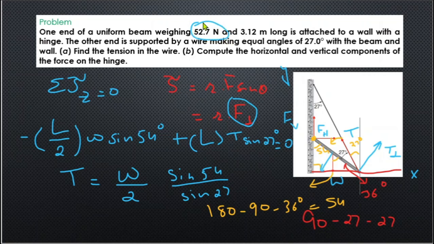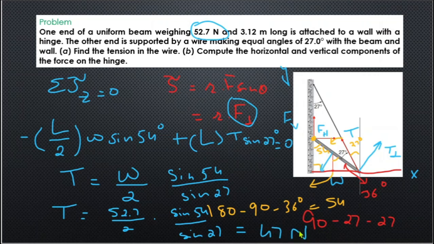Upon substituting the value of this weight, the final value of the tension T would be 52.7 divided by 2, into sine of 54 over sine of 27 degrees, and our final answer would be equal to 47 newtons.